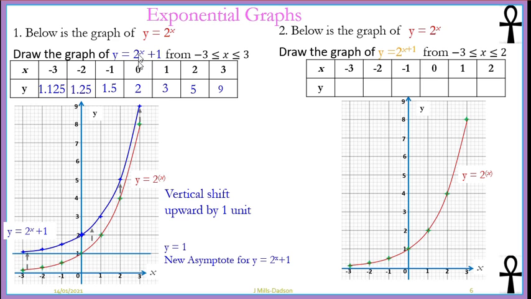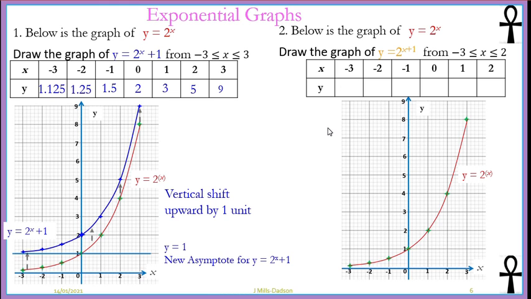So you have to always start with the original one, then you will be able to know where the new one will be in terms of transformation. If it is 2 to the power x minus 5, then each point from 2 to the power x will move down 5 points, and the asymptote will move to y equals -5.